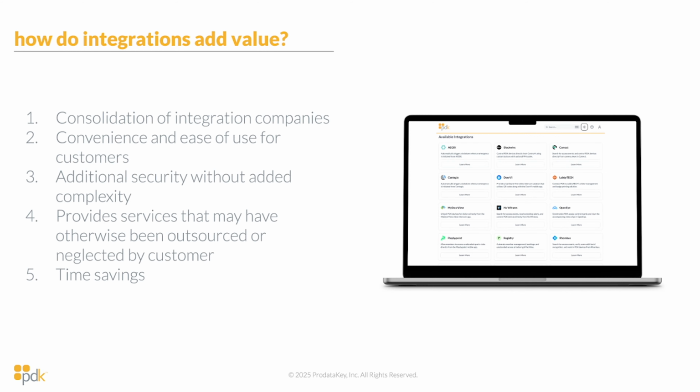Number four, provide services that may have otherwise been outsourced or neglected by the customer. These integrations are available on the main dashboard of PDK.io, and the reason we've done that is so that your customer can get in there and see which integrations you offer. From that, you can choose which integrations you want to offer and have available to your customer. Now your customer can see, oh, my PDK.io system does work with cameras.